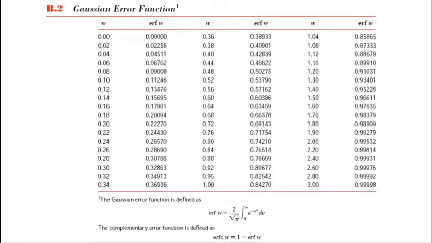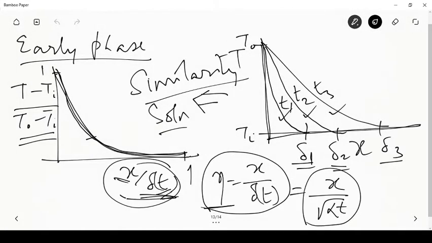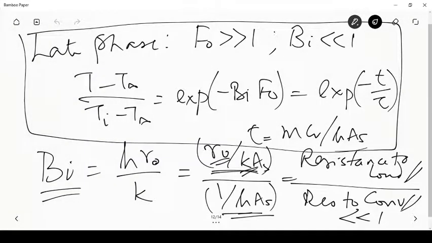So let us go back and quickly summarize. The late phase solution is the solution for lumped capacitance, which is shown on this table, where if I know the time, because the temperature is not a function of x anymore, it's only a function of time. The whole body is taken as a single temperature.